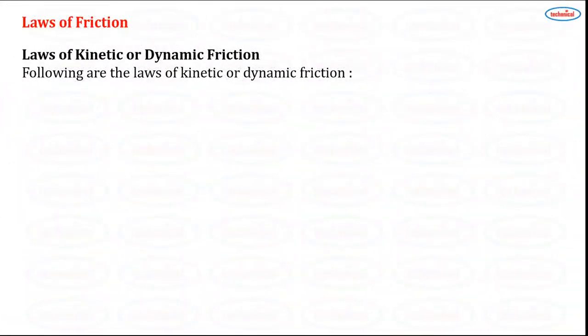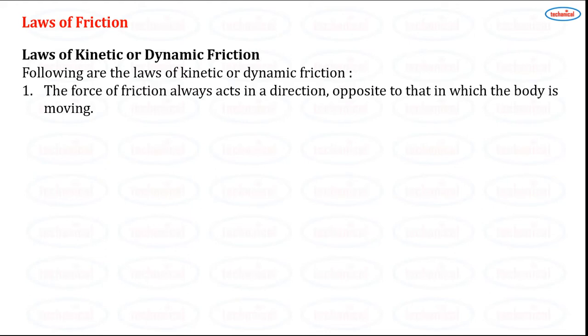Laws of kinetic or dynamic friction. Following are the laws of kinetic or dynamic friction. First, the force of friction always acts in a direction opposite to that in which the body is moving.